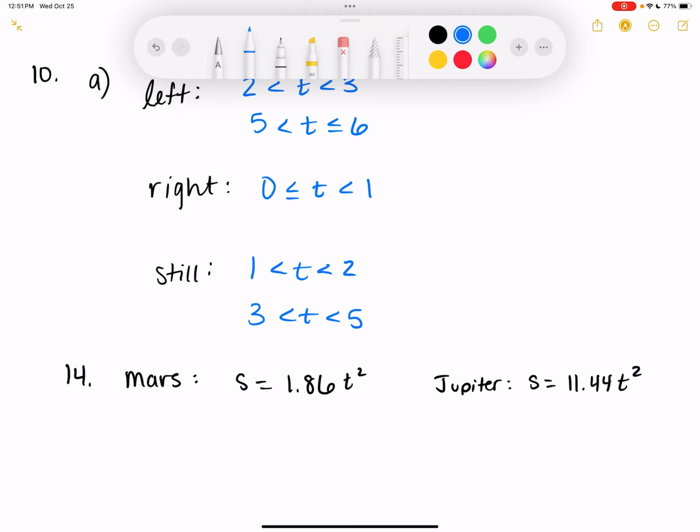So what would the derivative for Mars be? And I'm going to change this to velocity because the derivative of position is velocity.